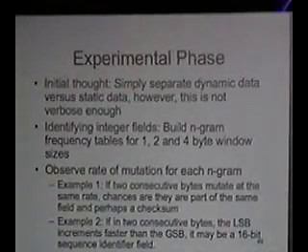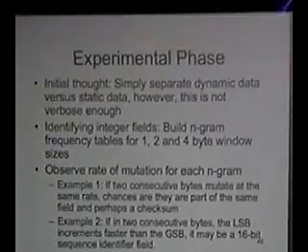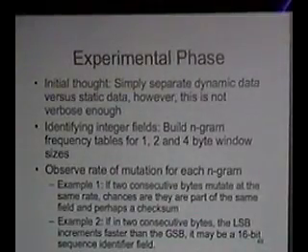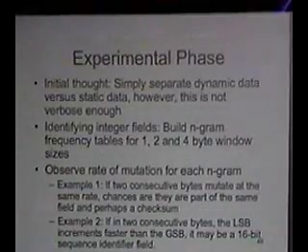This was an experimental phase about a year ago when I was working on this, but I've already implemented it in code, so it's really not that experimental anymore. I just haven't had a chance to work on the slides. At first, what I was basically doing was separating the dynamic data that was changing from the static data. In the case of HTTP, I was able to understand the different blocks, and the variable length fields, just because it was dynamic data that was changing.